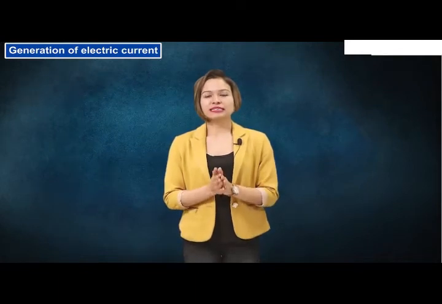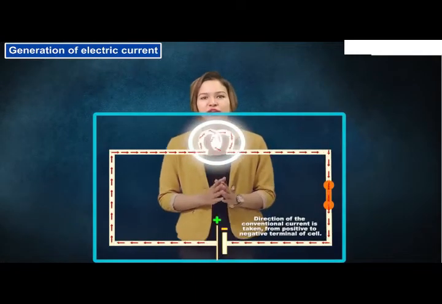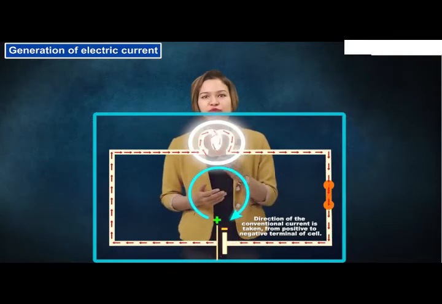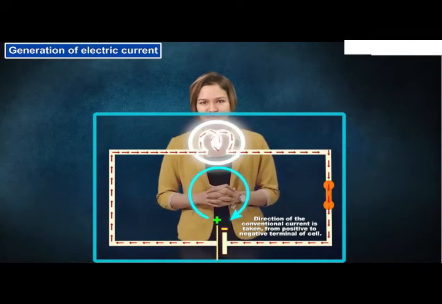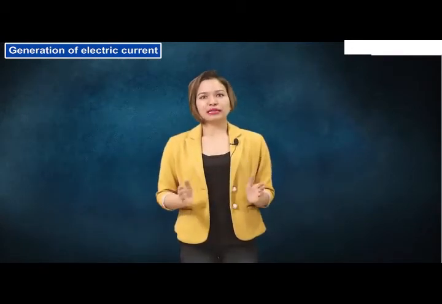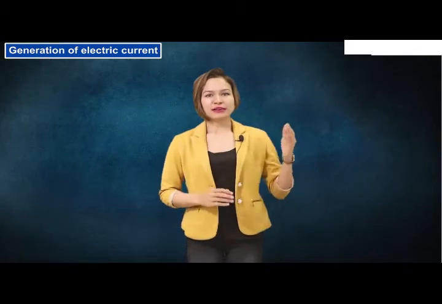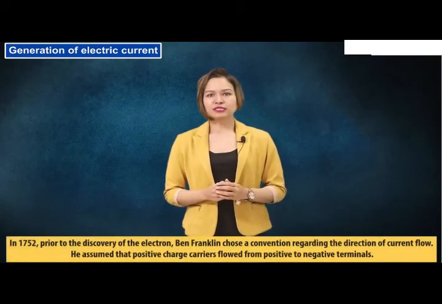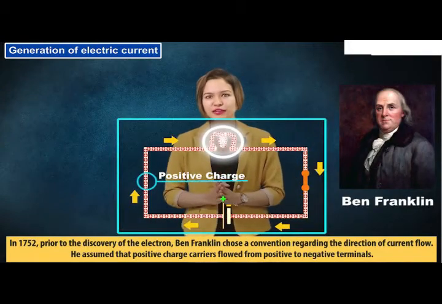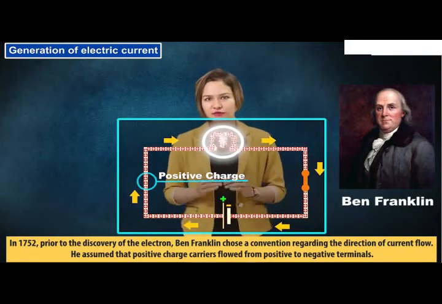So my dear students, let me clear your doubt. In an electric circuit, the direction of the conventional current is taken from the positive to the negative terminal of the cell. And why is it so? Well, it is so because in 1752, prior to the discovery of the electron, Ben Franklin chose a convention regarding the direction of current flow.